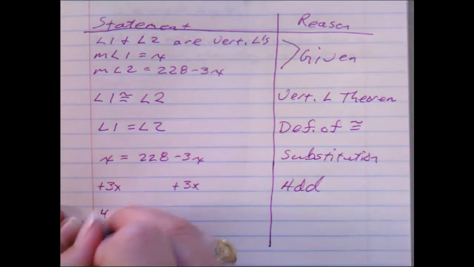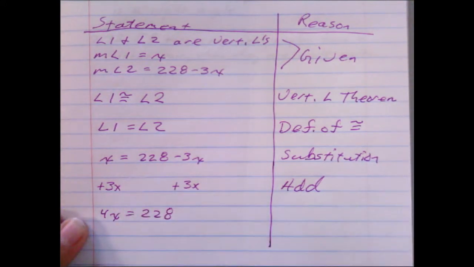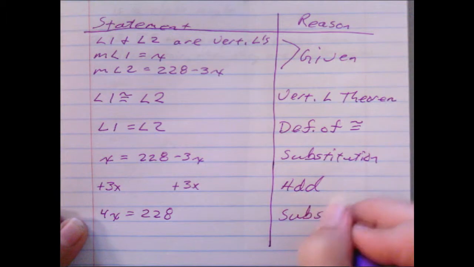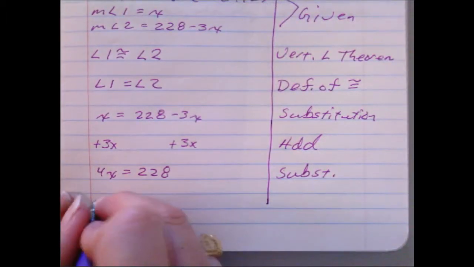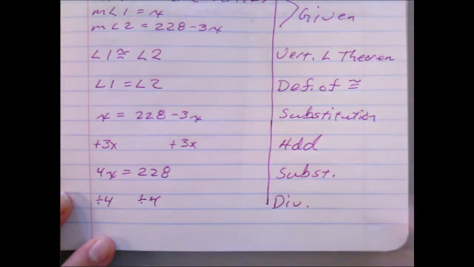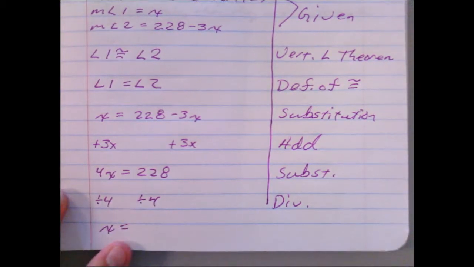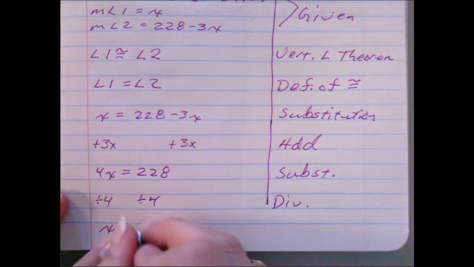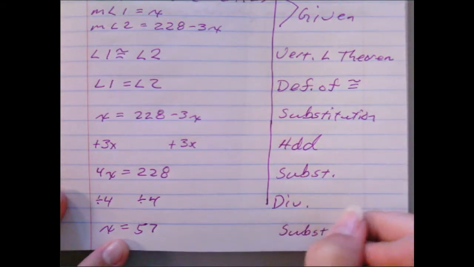So we end up with 4x equals 228. That is substitution. So then our last step here to get x is we are going to divide by 4. So division. And when we divide by 4, we get x equals 57. Sorry, I had to think about that for a second. X equals 57. This is substitution.